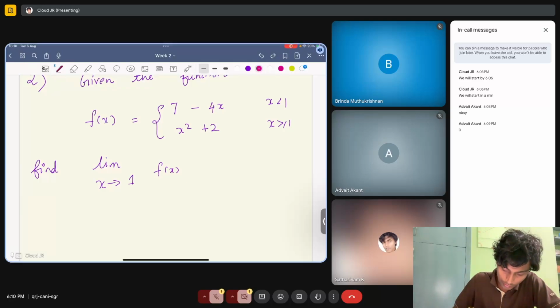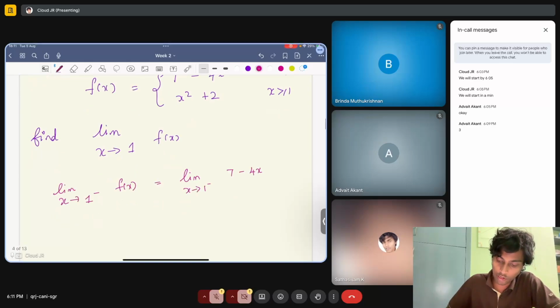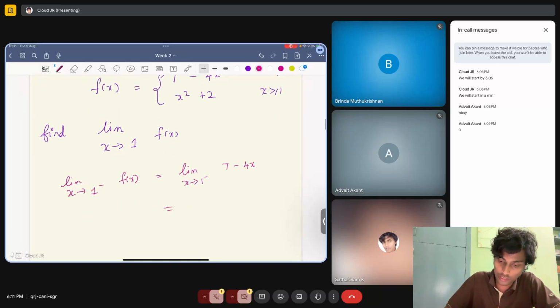So let's find the left hand limit first: the limit as x tends to 1 minus of f of x. This is nothing but the limit as x tends to 1 minus of 7 minus 4x. And then we apply the same thing: the limit of a sum is basically the sum of the limits. You apply it here and you will get 7 minus 4, which is 3.